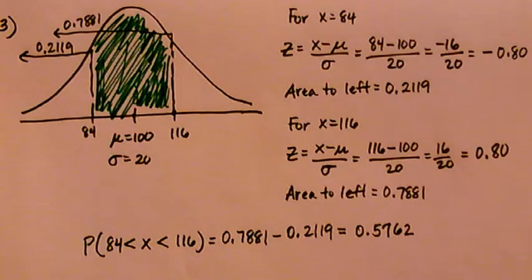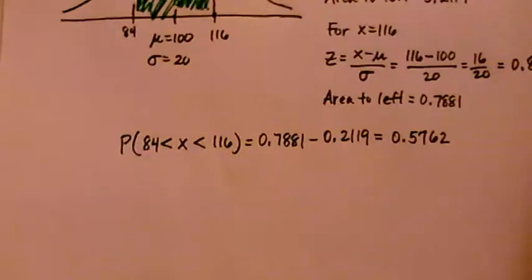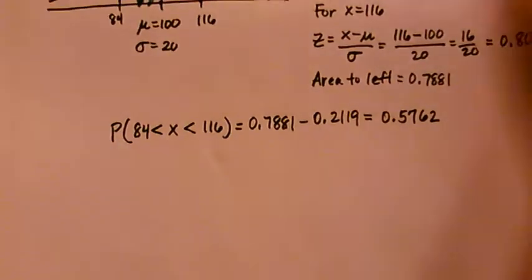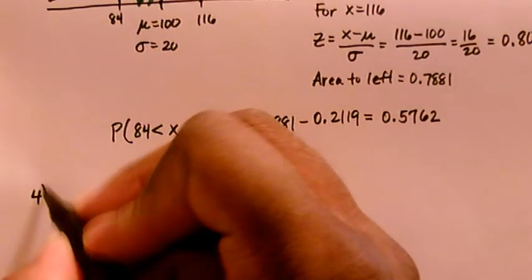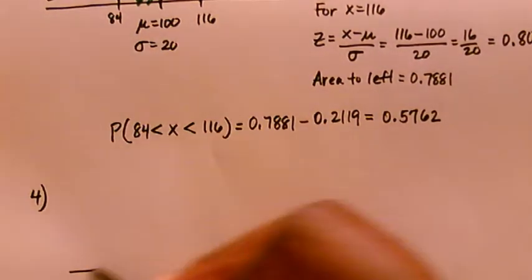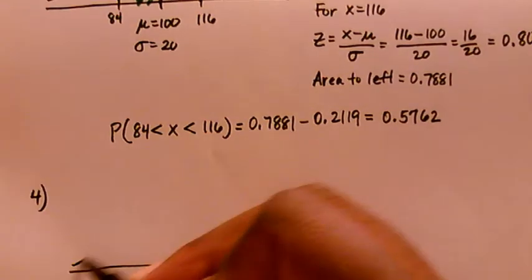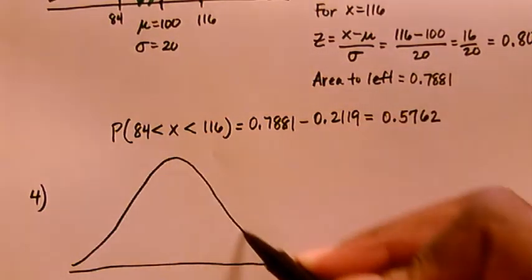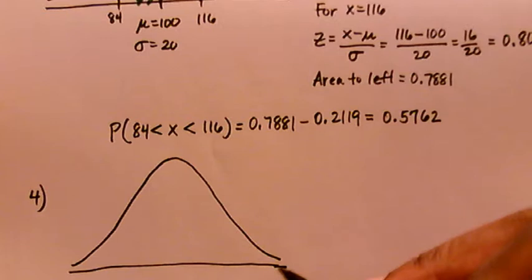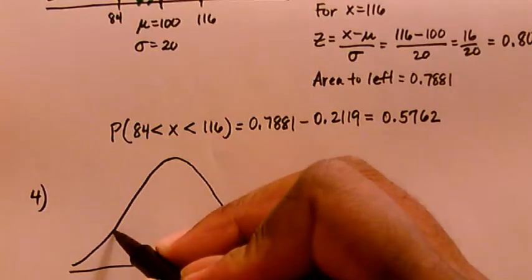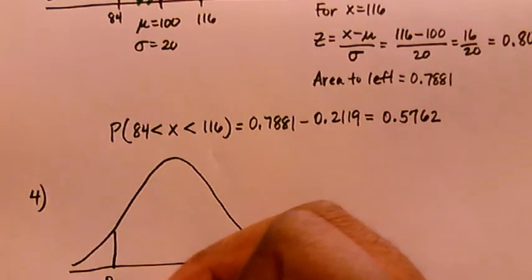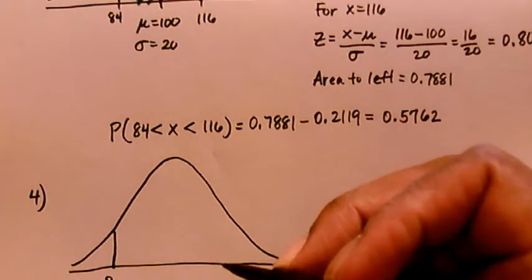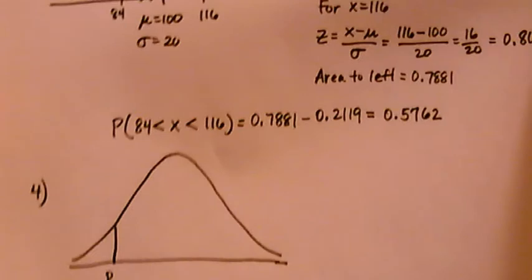In this case, to find the 4th percentile, we'll draw a normal curve. This line represents P4, which is an x value that we're trying to find.